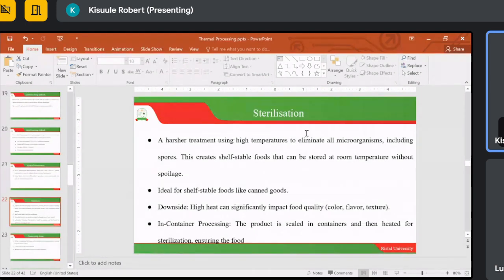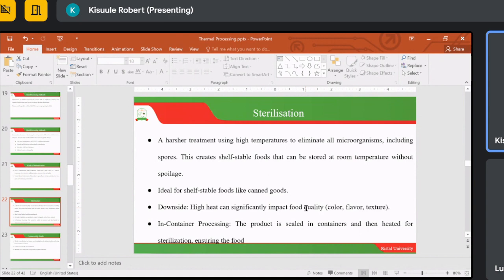So now let's shift gears and look at sterilization. This one is a harsher treatment where we are using high temperatures to eliminate as much as possible those microorganisms, including the spores that we've seen cannot be affected by thermization and also pasteurization.